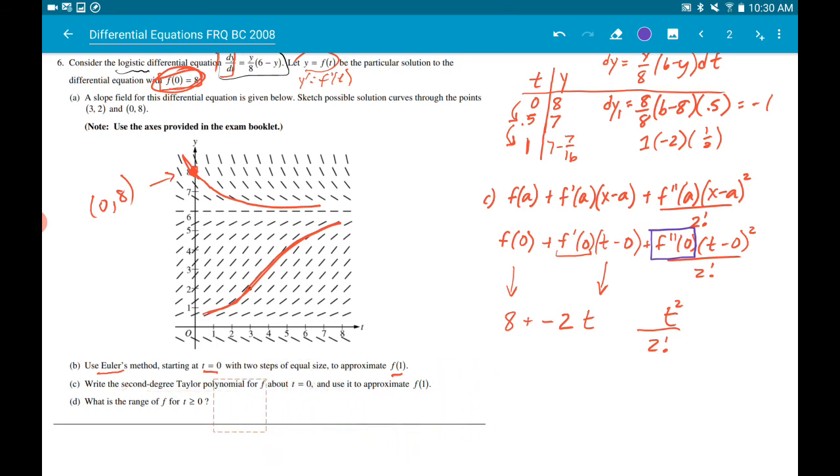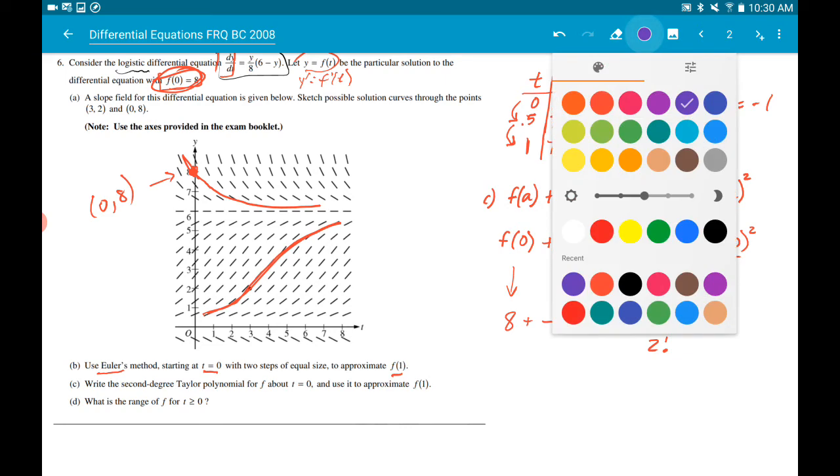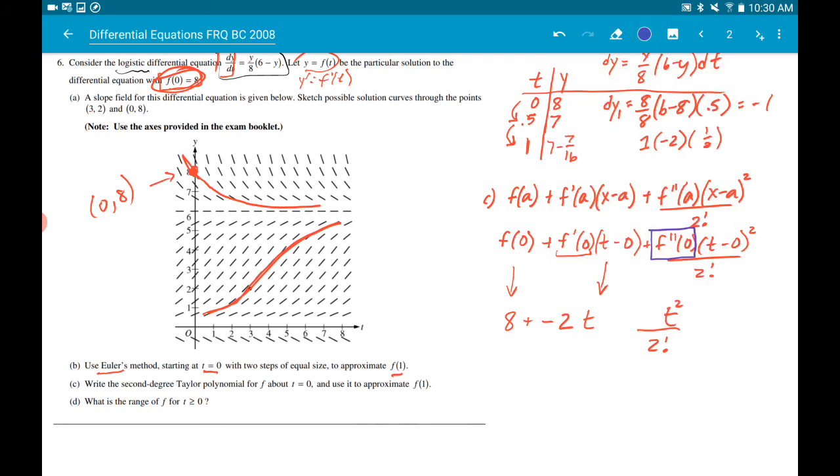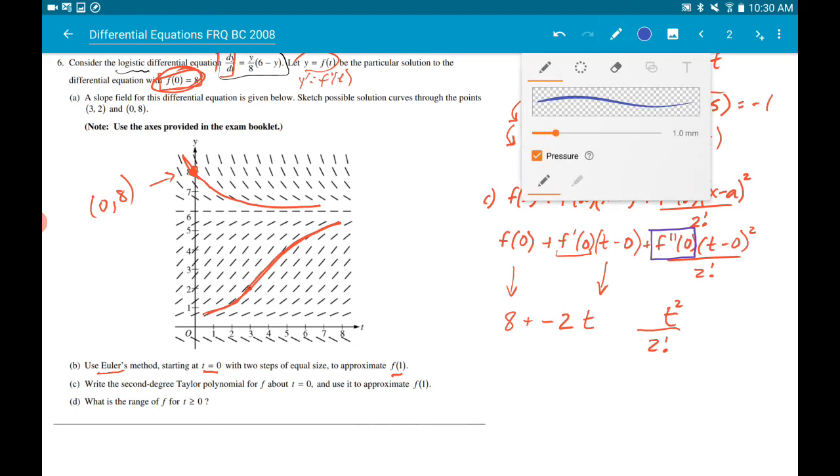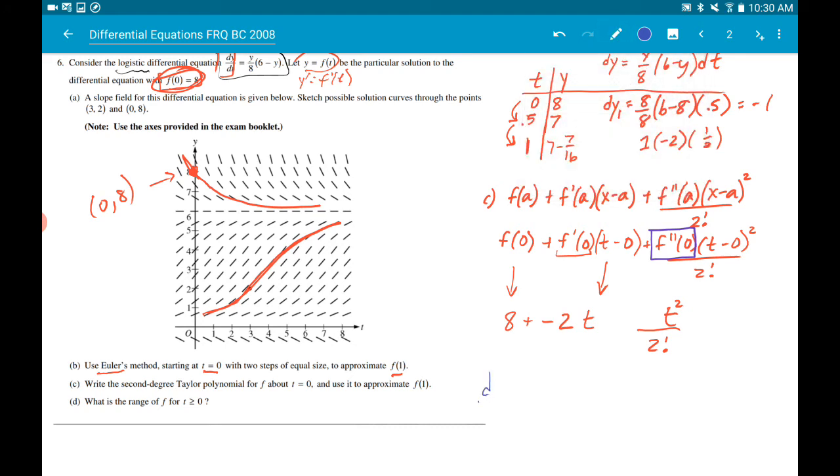And so in English, I need to find the derivative of the derivative. So I need to find d dt, that's the derivative with respect to t of dy dt. That will give me this fun one that we like, looks like this. But what I really need to do is take the derivative with respect to t of this differential equation that was given.